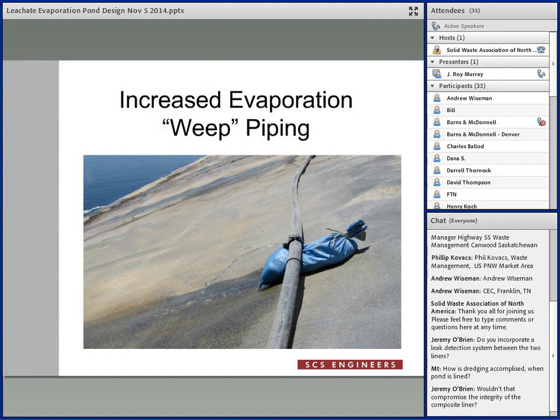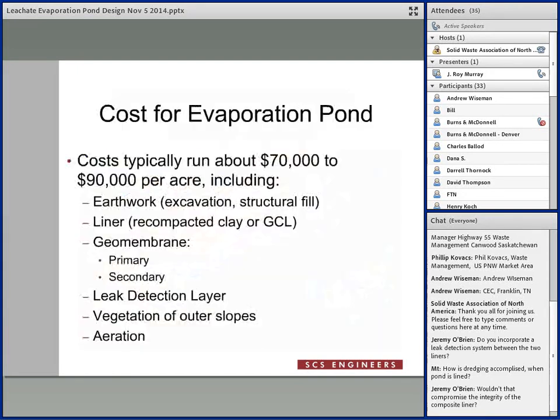In this case, I think they're about every 30 or 40 feet apart. The idea is that, especially during the hot summer months, you're going to get some evaporation coming off that hot black plastic, and it could help increase your evaporation.